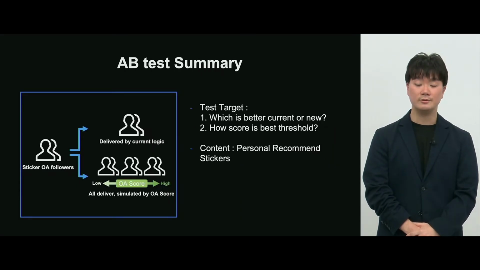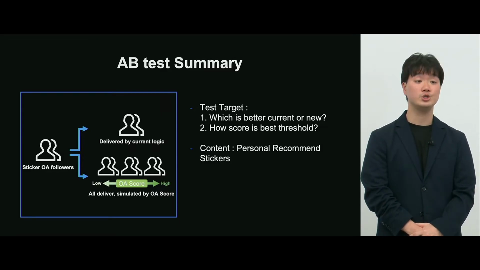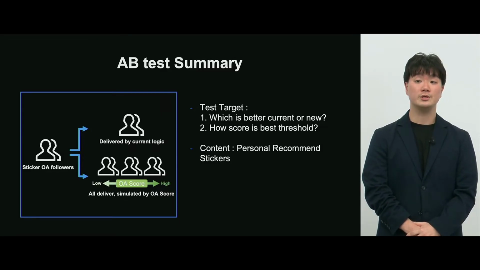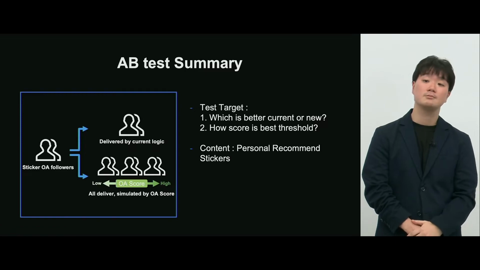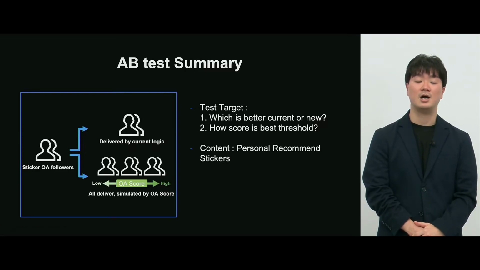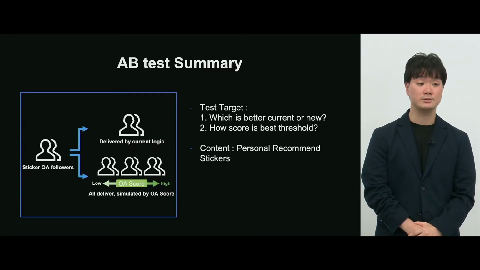Now, let's review the overview of the A/B test again. The purpose of the A/B test for this project is twofold, from what I have discussed so far. The first is to see if the new logic with the OS score can provide superior delivery efficiency to the current logic.